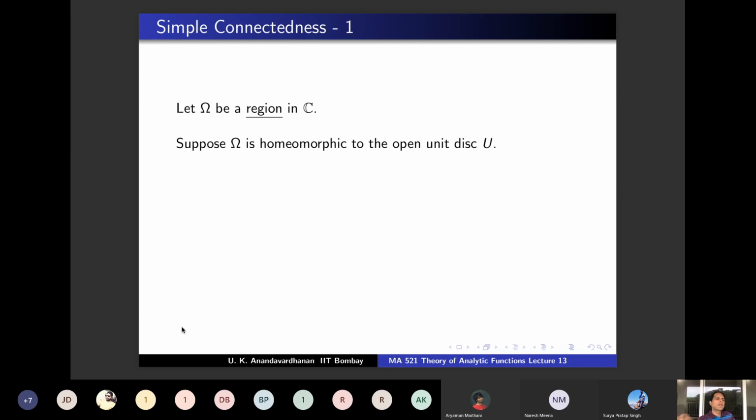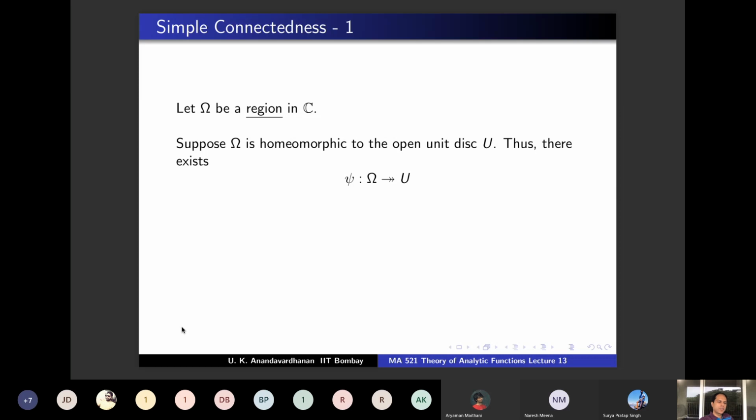And the first characterization is omega is homeomorphic to the open unit disk. So suppose omega is homeomorphic to the open unit disk, we are going to show that every closed curve in omega is homotopic to a constant curve. So by definition, it's homeomorphic. Therefore, there's a homeomorphism, a continuous map from omega onto U.